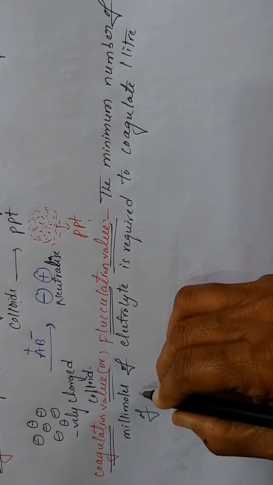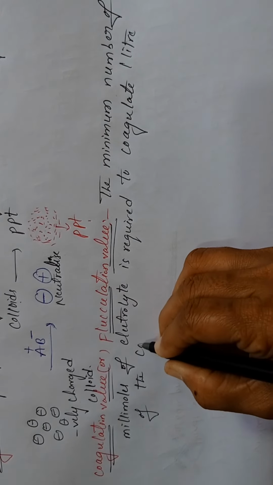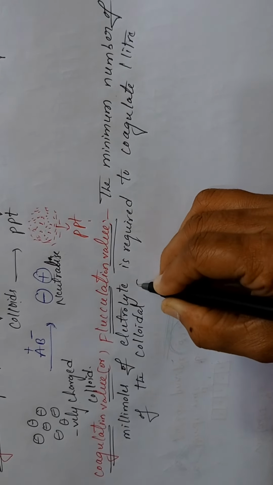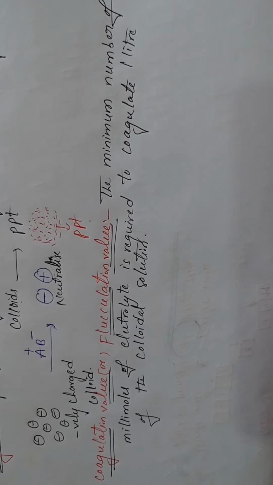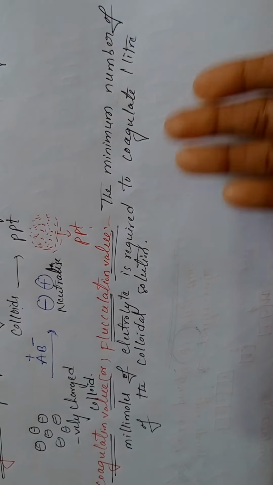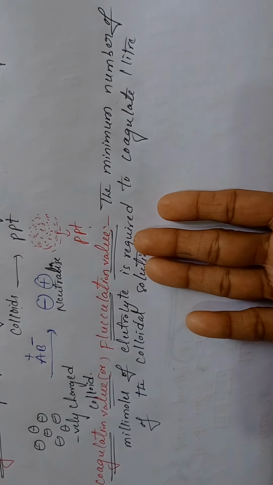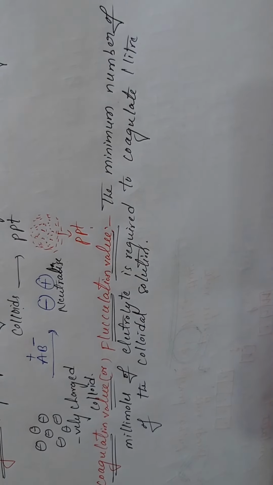Oh, sorry, not buffer solution, 1 liter of the colloidal solution. Are you clear? So what is the definition, students? The minimum number of millimoles of electrolyte required to coagulate 1 liter of the colloidal solution.